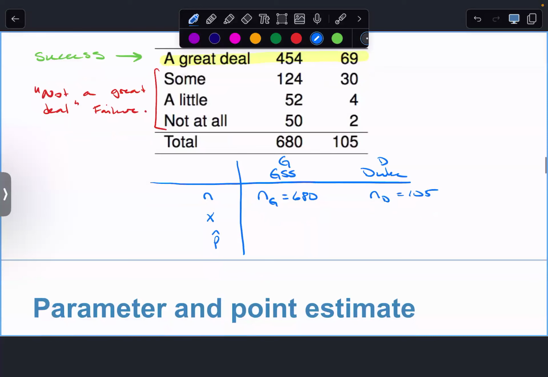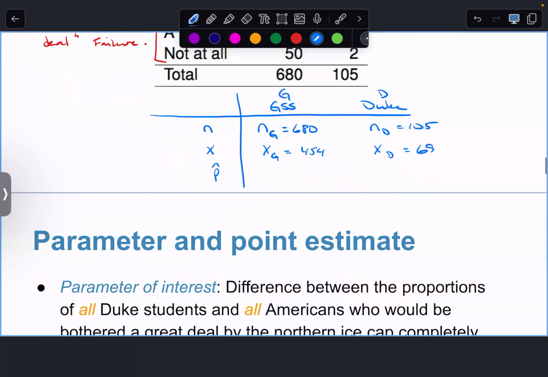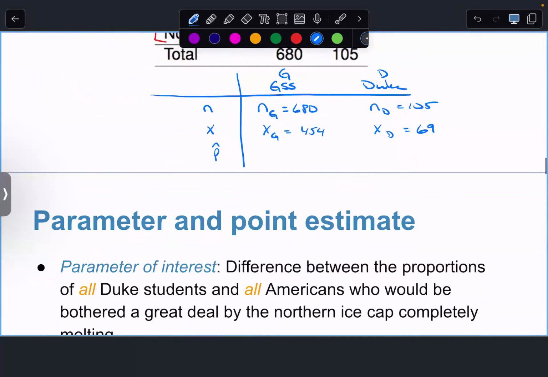The number of successes, xG is 454, and xD is 69. Making our p hat G 454 over 680, and p hat D is 69 over 105.